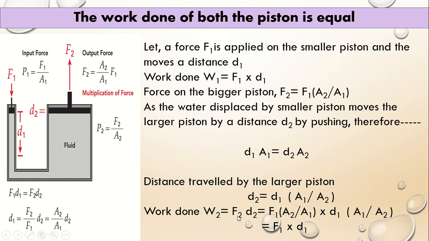For the larger piston, force is F2 and the distance traveled is d2, so W2 equals F2 d2. If we put the value of F2 from this equation and the value of d2 from this equation, the final result comes F1 d1. So it is proved that the work done on the smaller piston is equal to the work done on the larger piston. You should also practice this derivation by writing in your copy. Then it will be more clear to you.